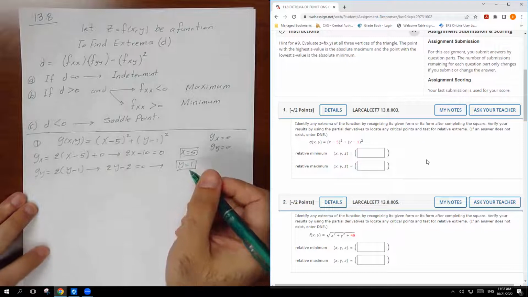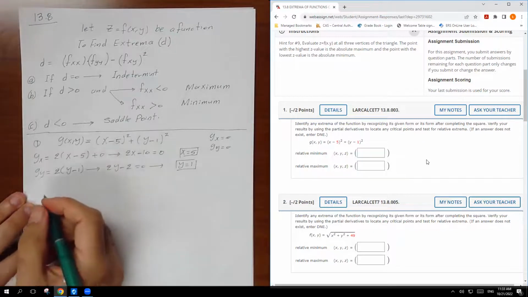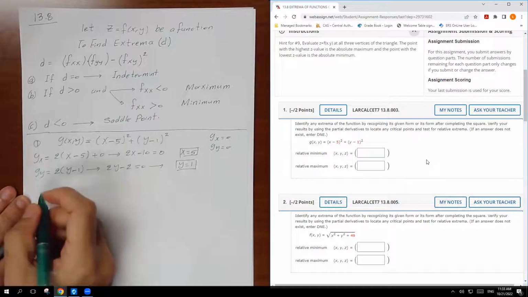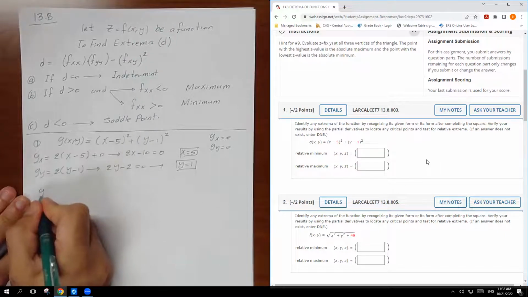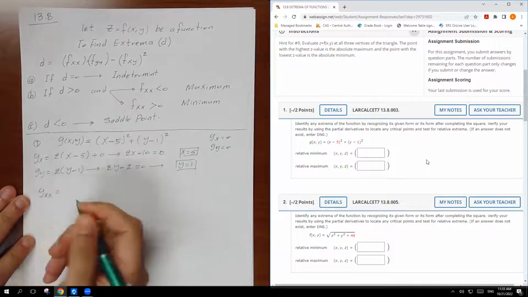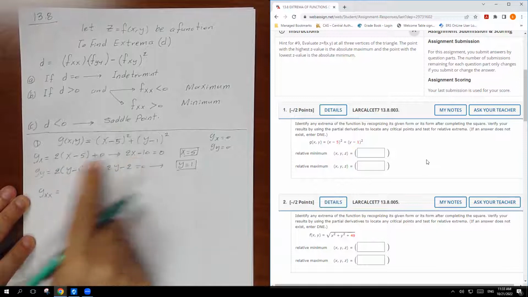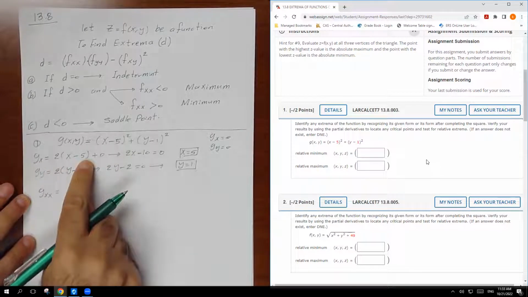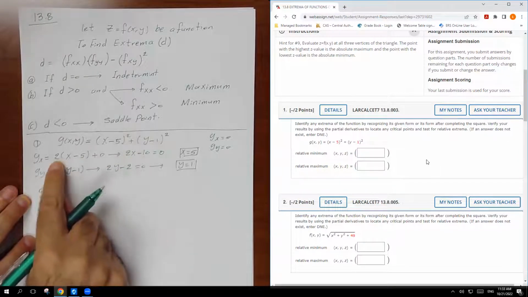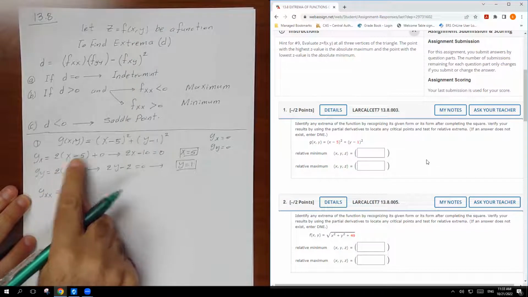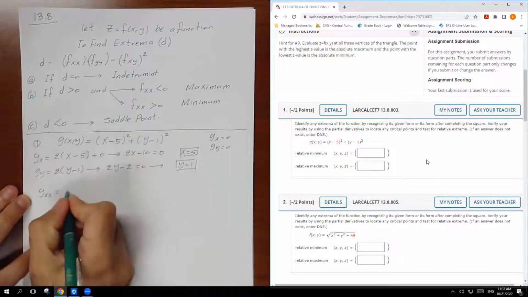And then next step, we're going to do the second derivative test. So g_xx is only going to be equal to 2, because this is 1 and this is 0.